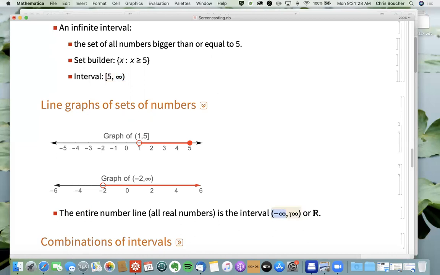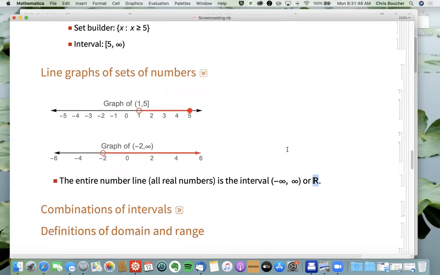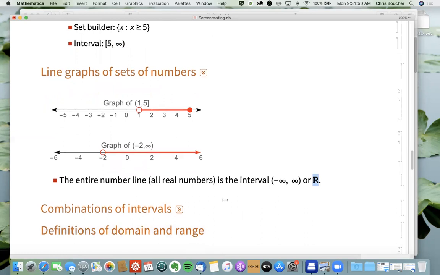It looks like this, which is a little bit odd, but still accurate. It's all the numbers between minus infinity and infinity, as it were. And we'll use this double struck R symbol as well to stand for the set of all real numbers. The set of all real numbers, that's sort of our playground. Those are the only numbers that we'll be interested in. So no complex numbers, for example, in this class.